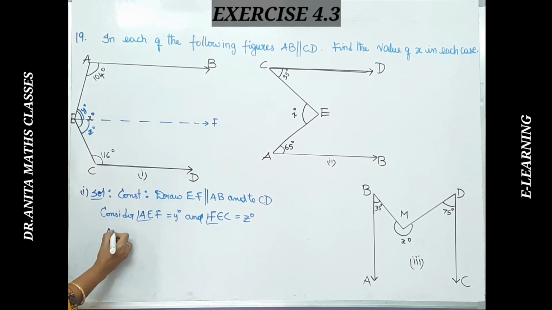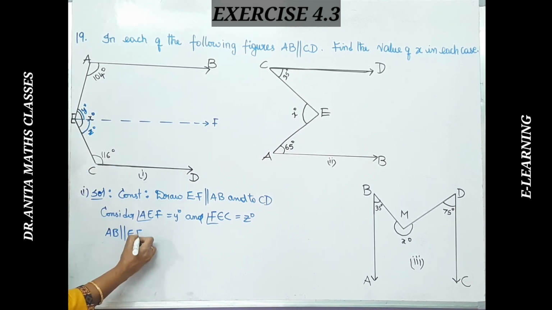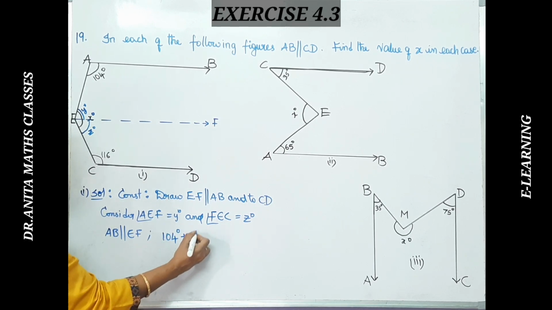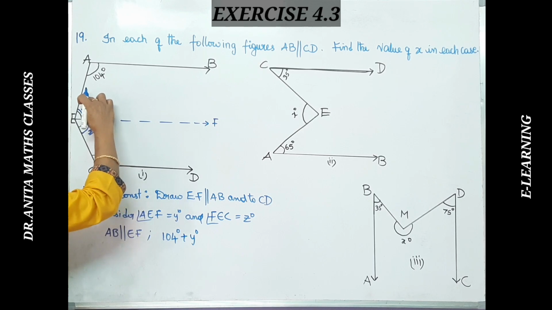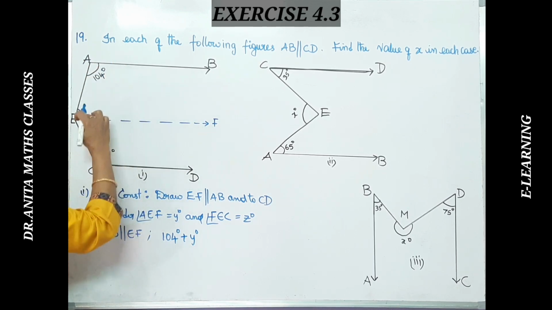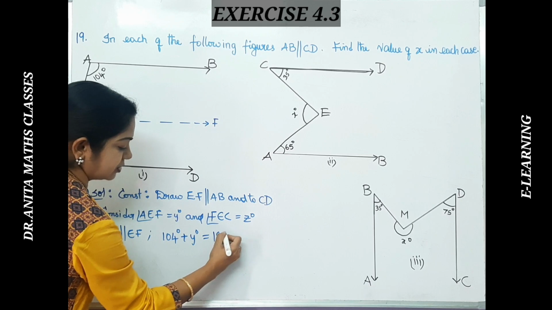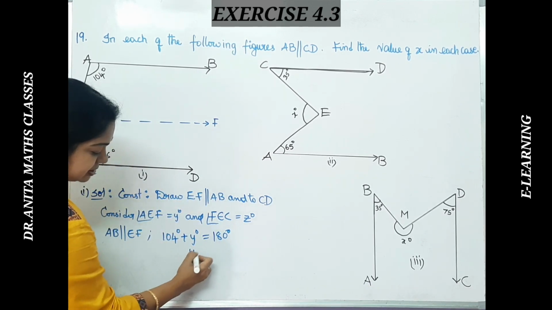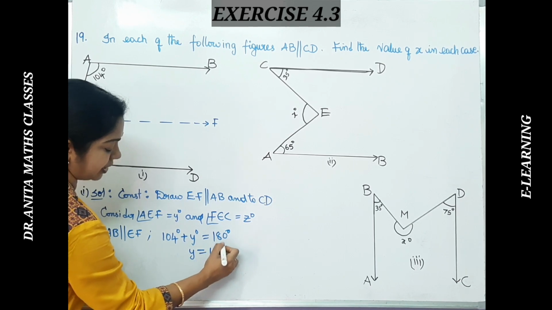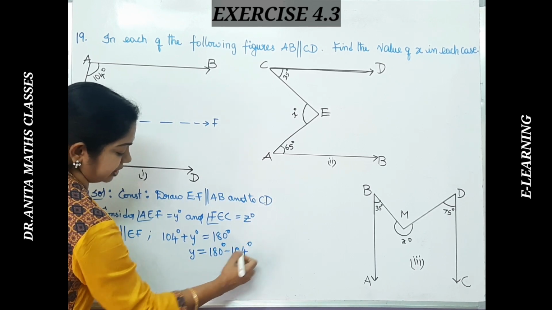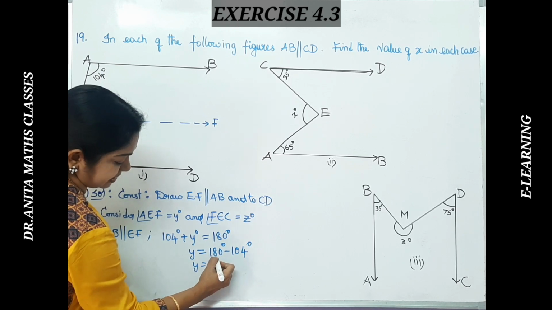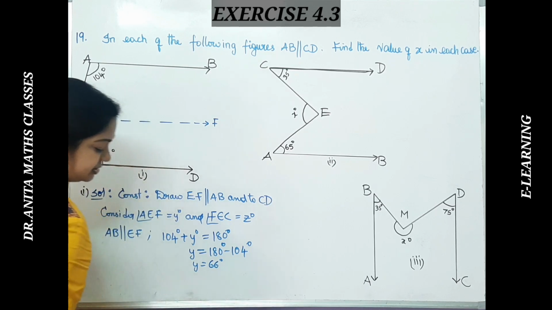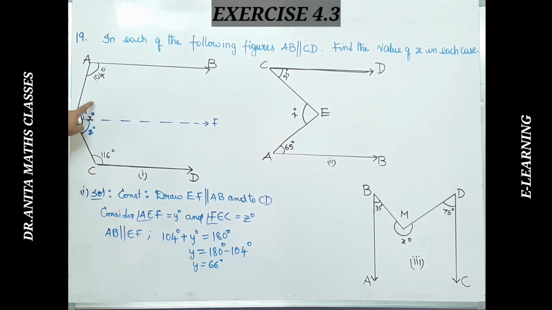So here 104 degrees plus y angle, that is AEF, these two angles form 180 because interior angles on the same side of the transversal are supplementary. So y angle is equal to 180 degrees minus 104 degrees. So this comes to 76 degrees. So y angle, we got this angle.